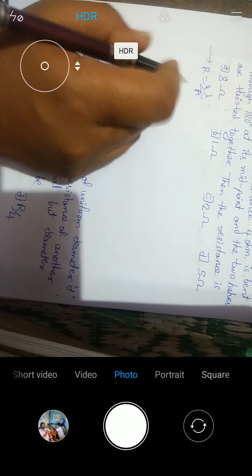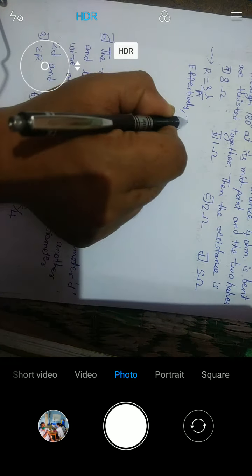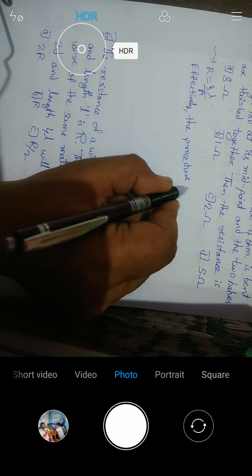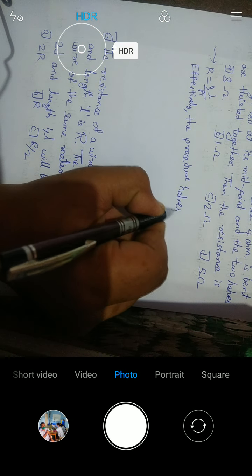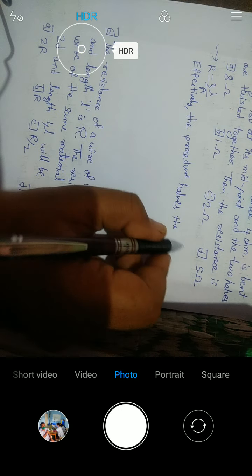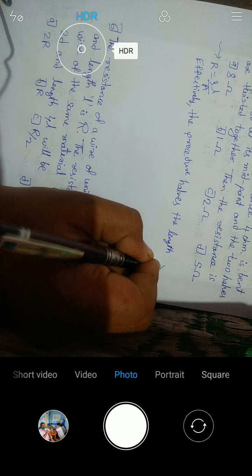Effectively, the procedure halves the length and doubles the area.